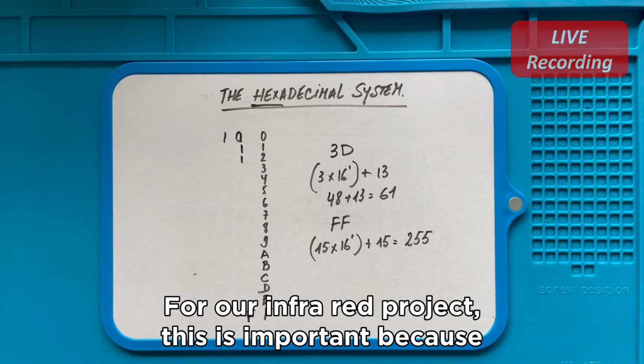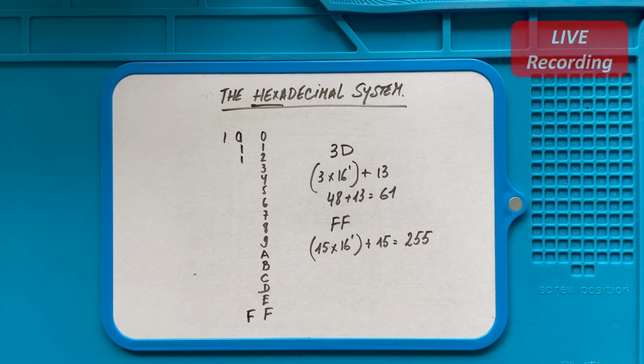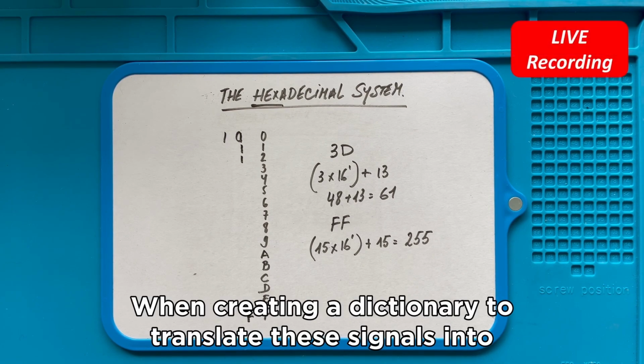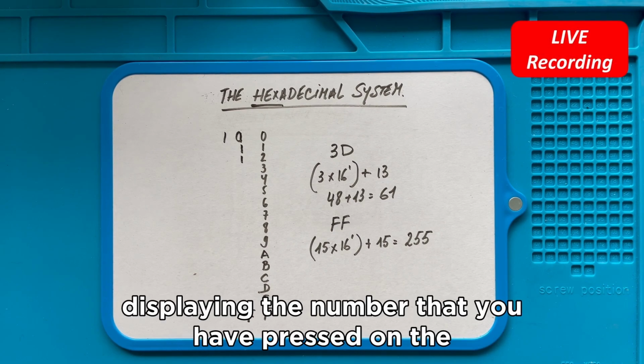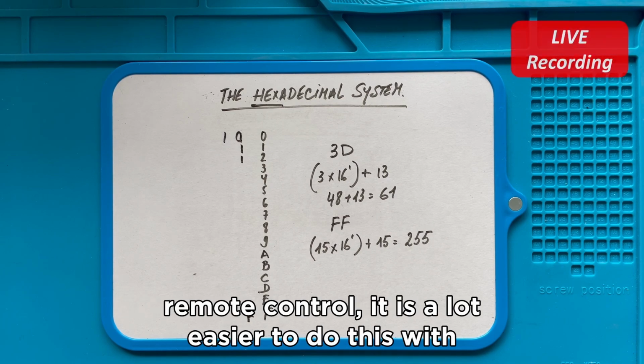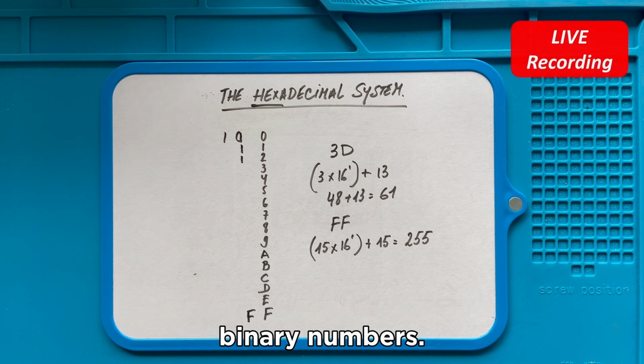And for our infrared project, this is important because infrared signals are often written as hexadecimal numbers. So when creating a dictionary to translate these signals into something meaningful to happen, for instance displaying the number that you have pressed on the remote control, it is a lot easier to do this with hexadecimal numbers than with long strings of binary numbers.